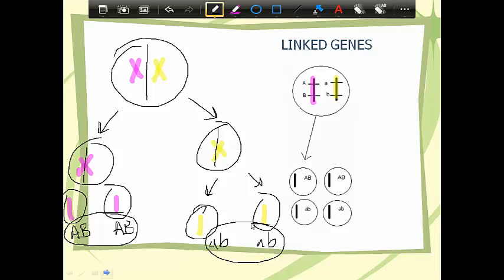Now, if we lined up these chromosomes in a different way in meiosis, for example if we switched their spots, we would still get these results of completely recessive gametes and completely dominant gametes. So it doesn't matter which way we rearrange these, because the A and the B gene are stuck on the same chromosome, we only have 2 possible gametes that are produced.